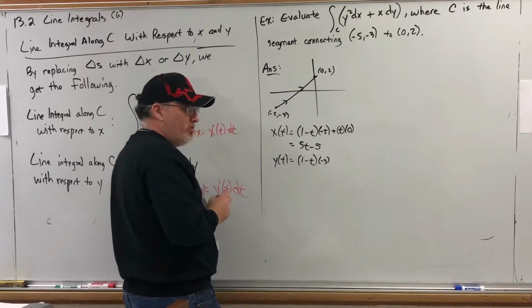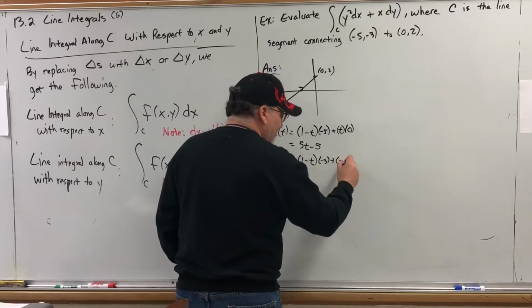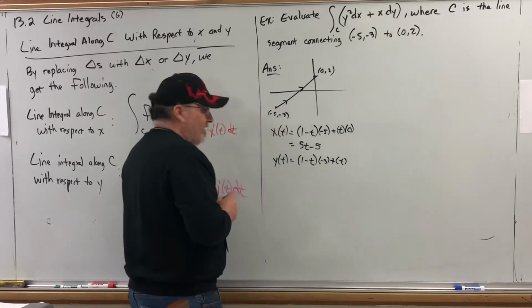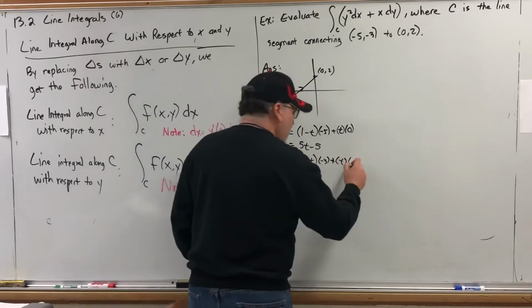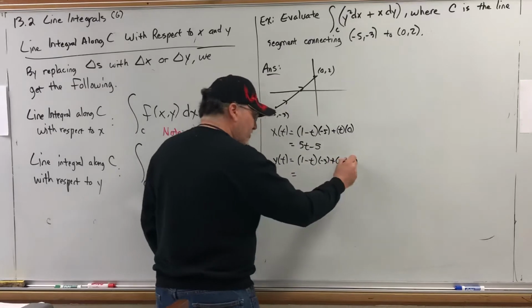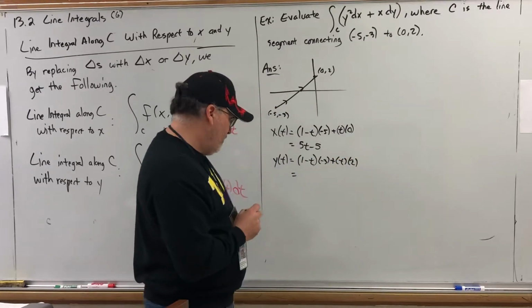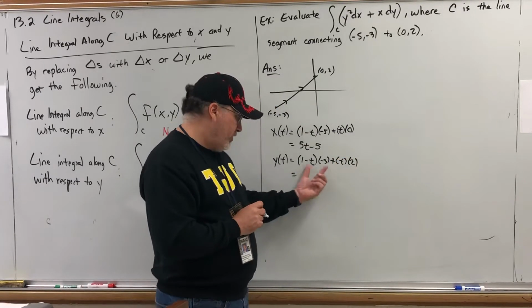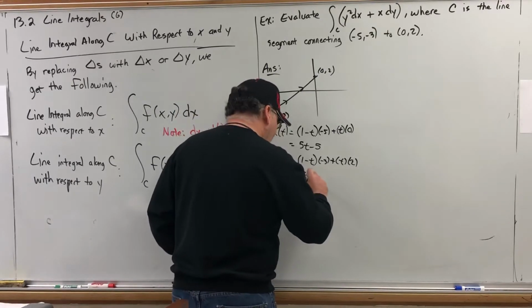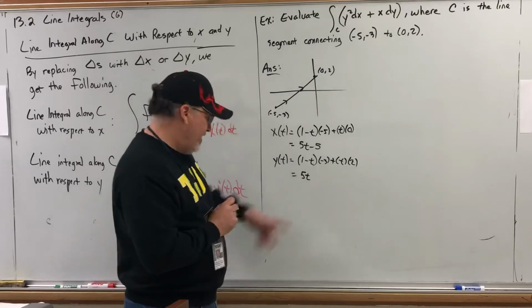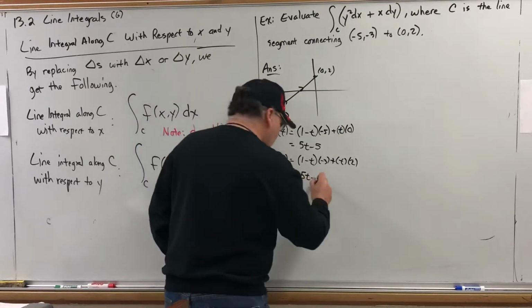It looks like a function, and it's not. Plus t times the terminal y coordinate, which is 2. So if we simplify that, we have 2 t's here and then 3 t's here, because negative times negative is positive. So that's also 5t. And then -3 times 1 is -3.